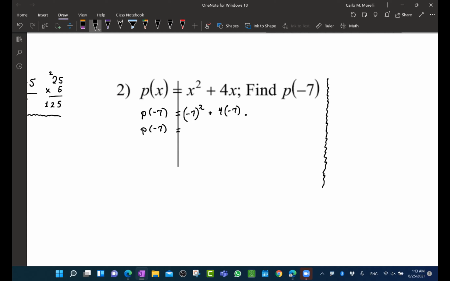But even later in this problem set, it becomes crucial. So what is negative 7 squared? Well, that's the same thing as saying negative 7 times negative 7. Now, a negative times a negative is a positive, and 7 times 7 is 49. So negative 7 times negative 7 equals positive 49.